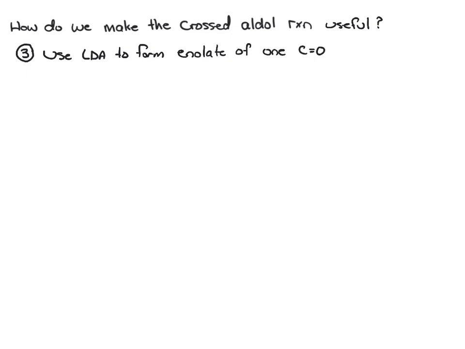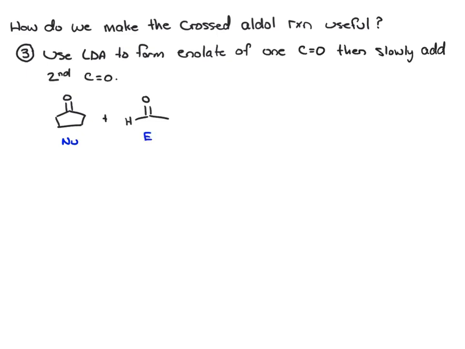Once we do that, then we slowly add the second carbonyl compound. So let's say, for example, I want to react cyclopentanone and acetaldehyde. And specifically, I want cyclopentanone as the nucleophile, acetaldehyde as the electrophile.